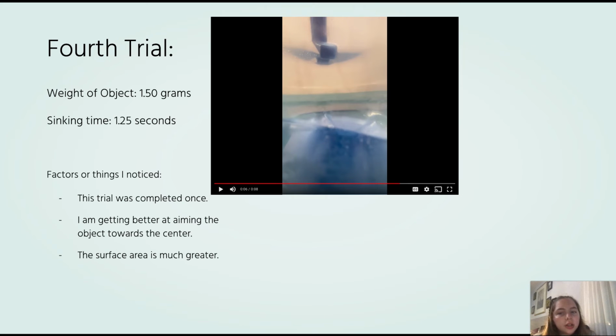And I've noticed the surface area is getting greater, but the sinking time is decreasing. The last sinking time was 1.28 seconds in the third trial, but now it's 1.25 in the fourth. So the distance between each time keeps decreasing from this to like that. And maybe we'll see this trial continue in the fifth.